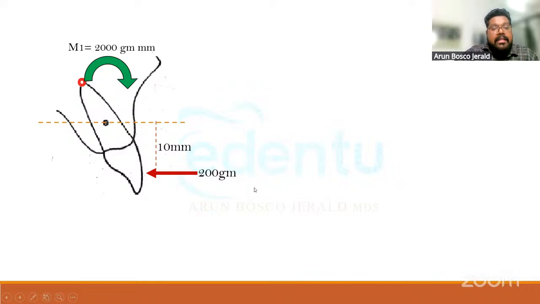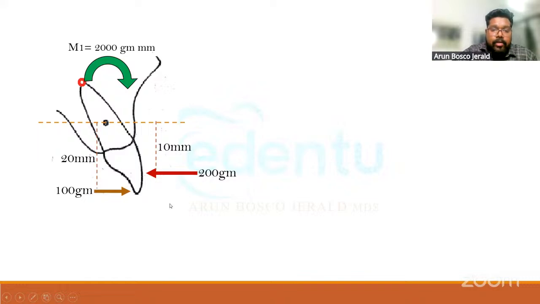So when we are applying this simple force, it can lead to rotation or uncontrolled tipping of the crown. So to obtain sufficient bodily movement or translation motion, we have to provide a counterclockwise moment for this. Okay, so suppose we are giving a force of 100 gram, which is directed labially on the palatal aspect of the tooth, and it is away from the center of resistance by 20 millimeters.